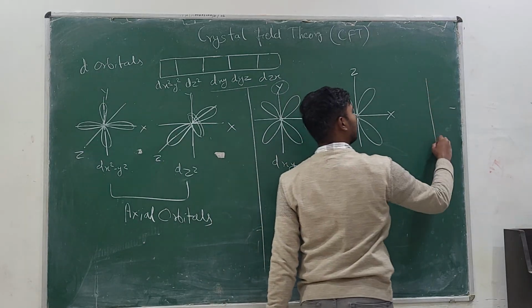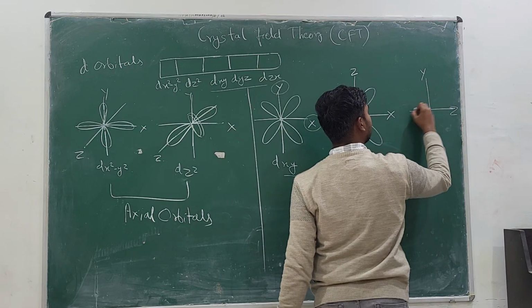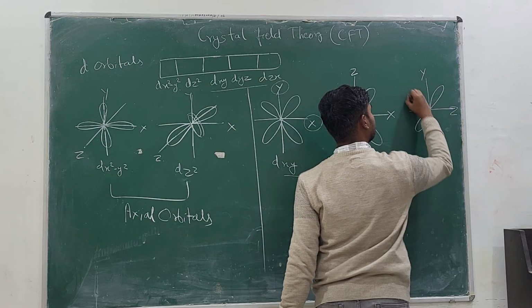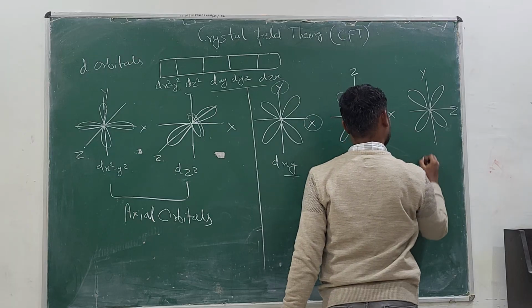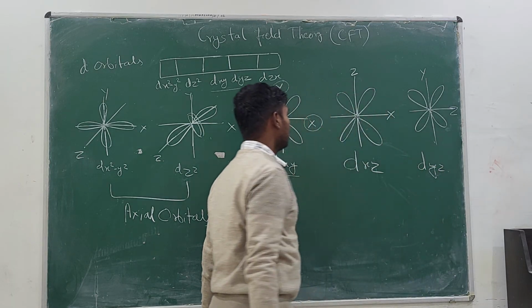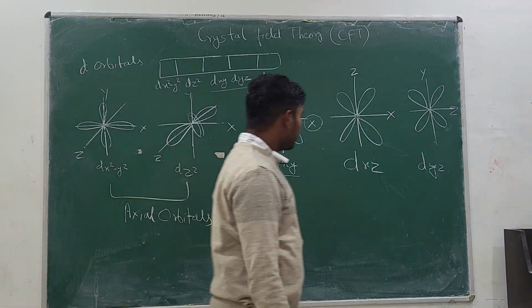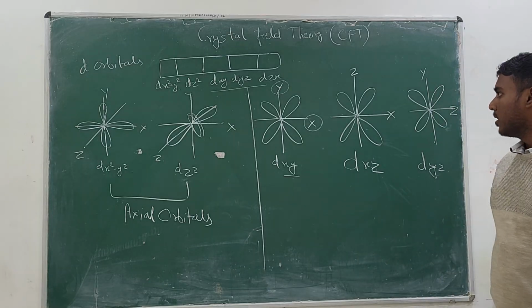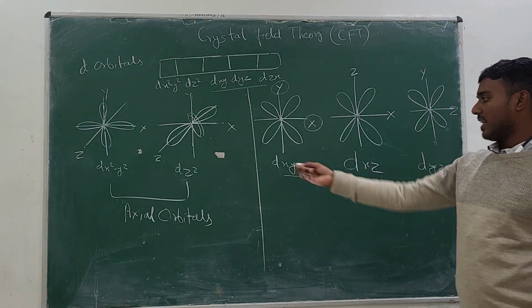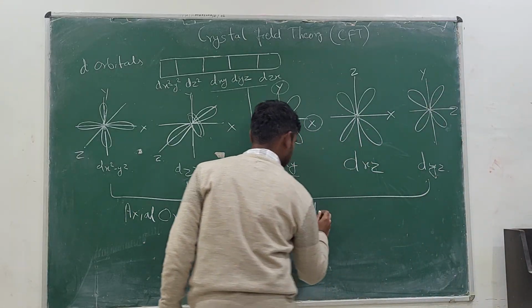And similarly, if we consider this our y axis and this our z axis, then this is our dyz. So I think it is now clear how these orbitals are arranged. There are axial orbitals and these three are our non-axial orbitals.